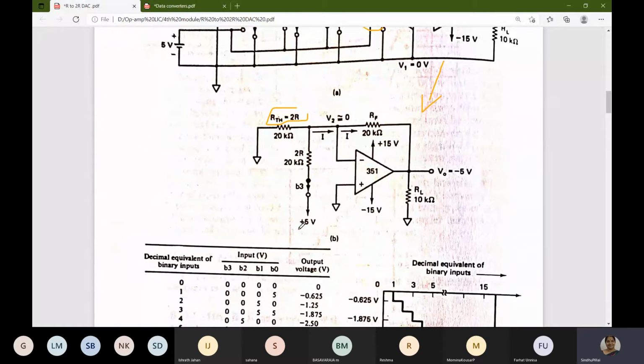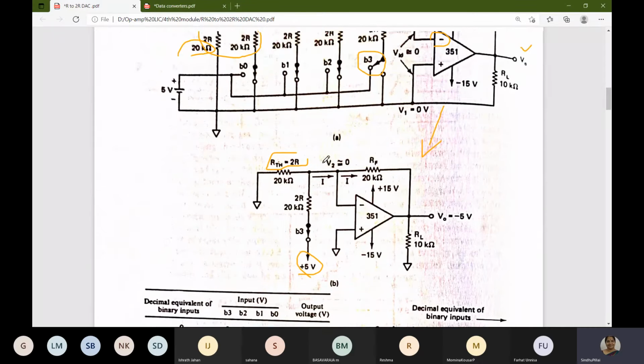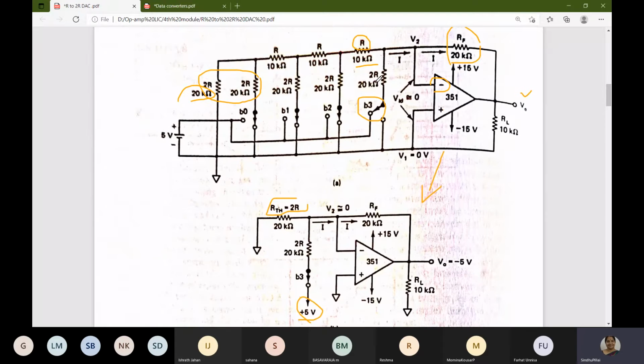So we have only B3 connected to plus 5 volts, and all other resistors are made equivalent, and we got it as 2R. That is Thevenin's equivalent as 2R. And this B3 resistance which is connected is again 20 kilo ohm, that also is written here, and this is the feedback resistor 20 kilo ohm. So the circuit gets reduced like this.